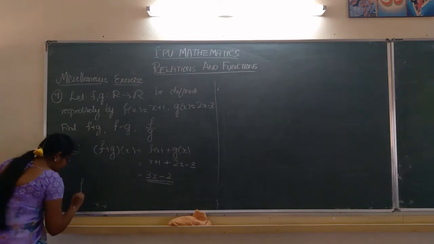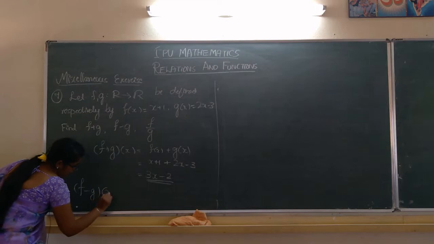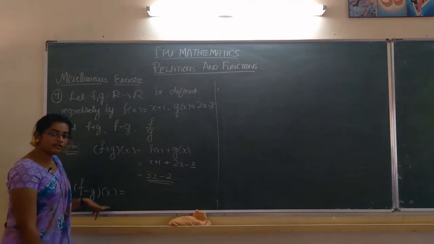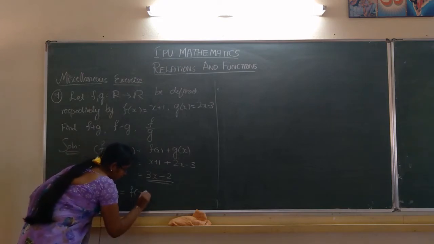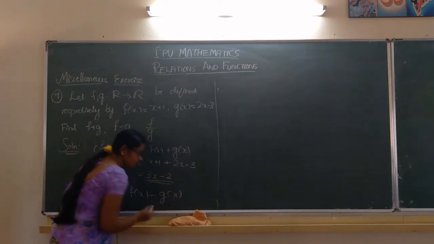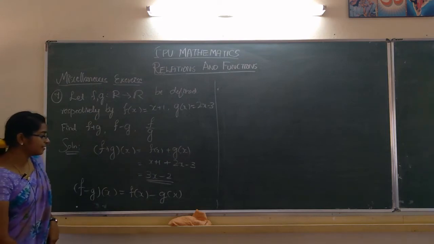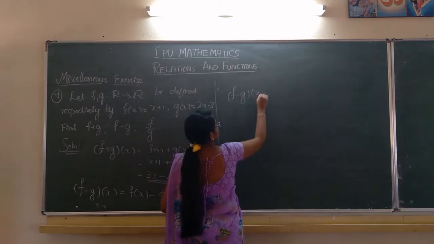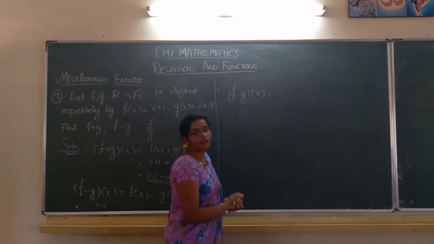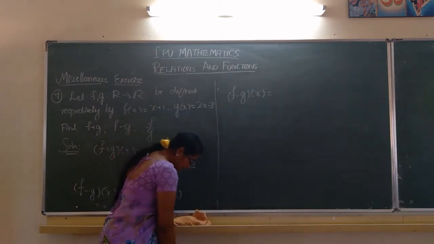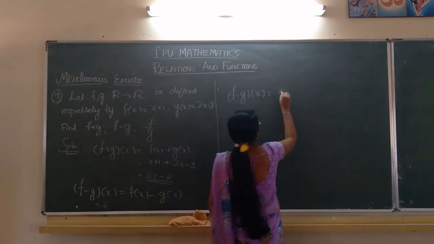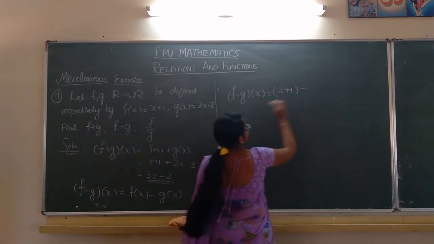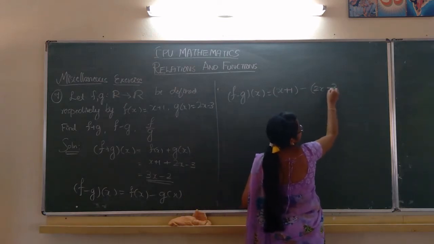Now coming to the next one, f minus g of x. By the definition, it is f of x minus g of x. F of x is x plus 1 and g of x is 2x minus 3.